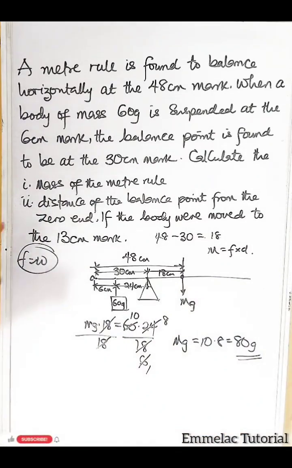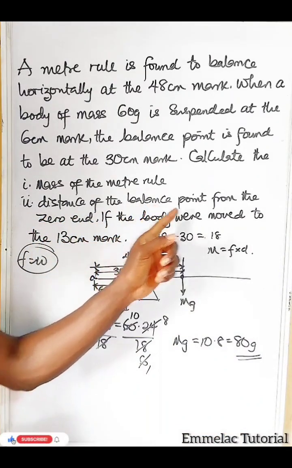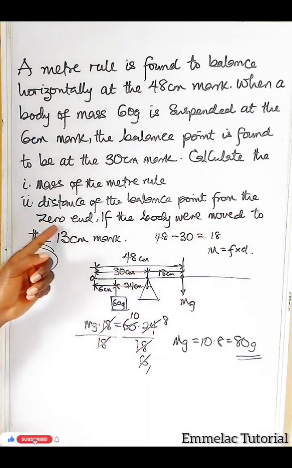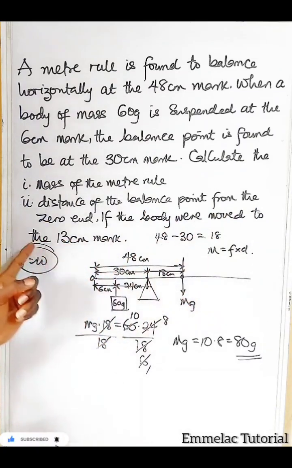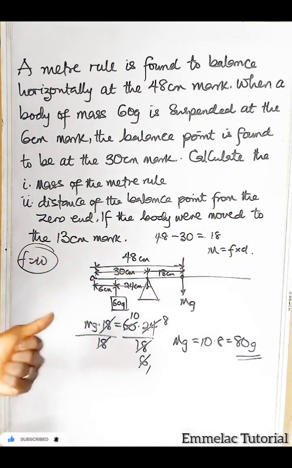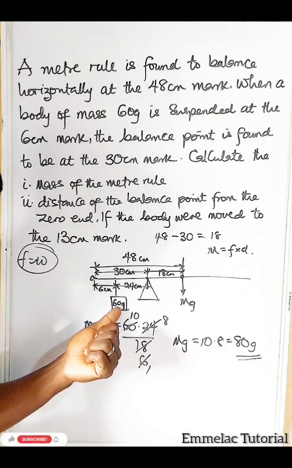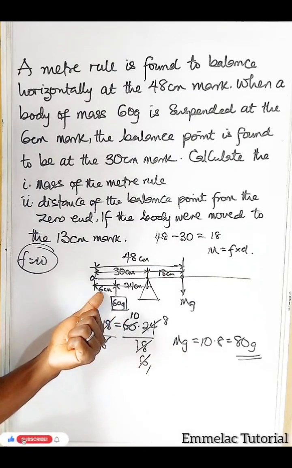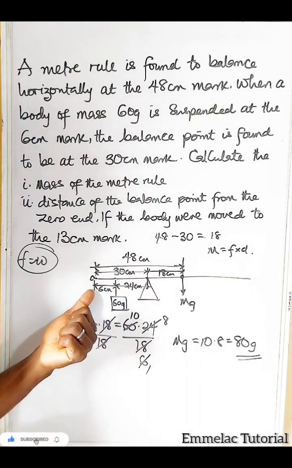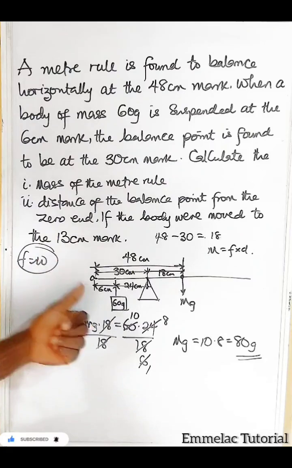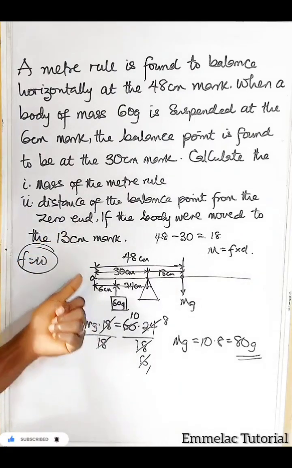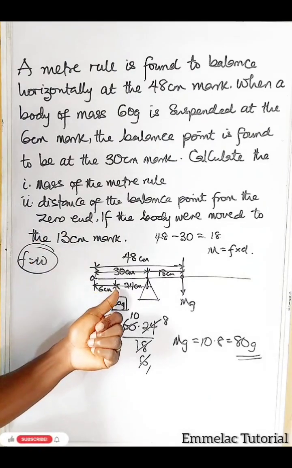Now the next one says the distance of the balance point from the 0 end if the body were moved to the 13 centimeter mark, which implies that this body of 60 gram, instead of being 6 centimeter from the 0 end, is now adjusted to the 13 centimeter mark.